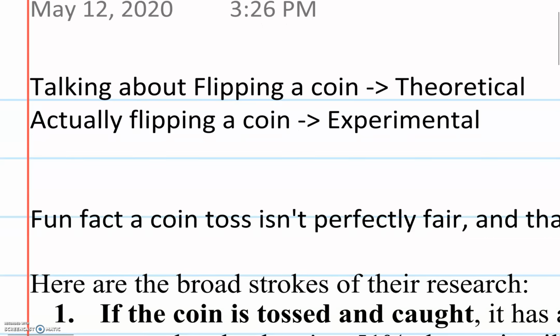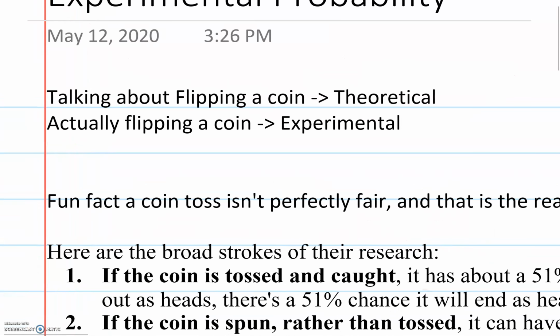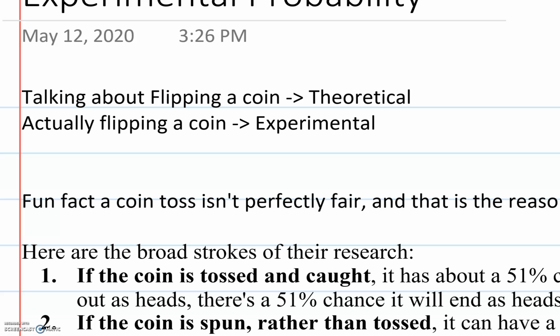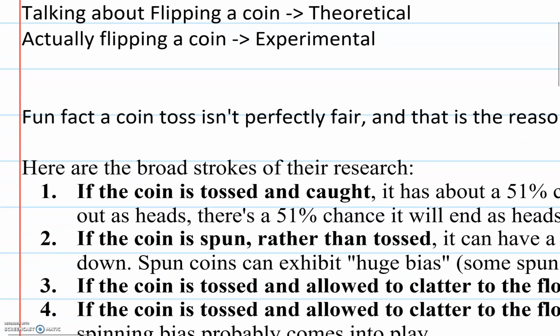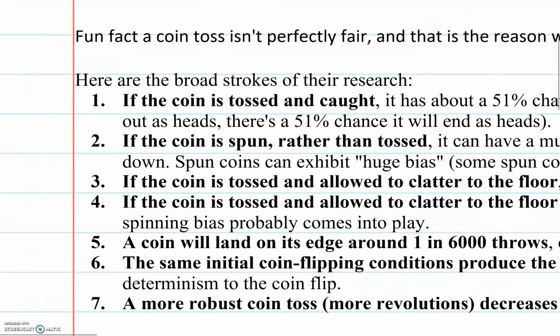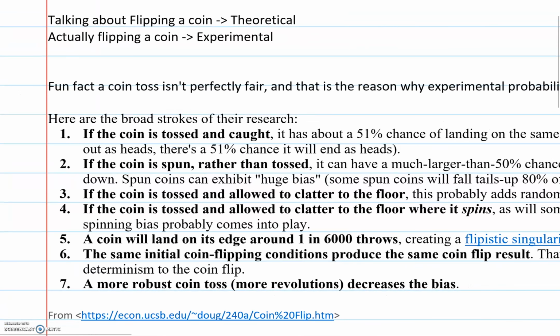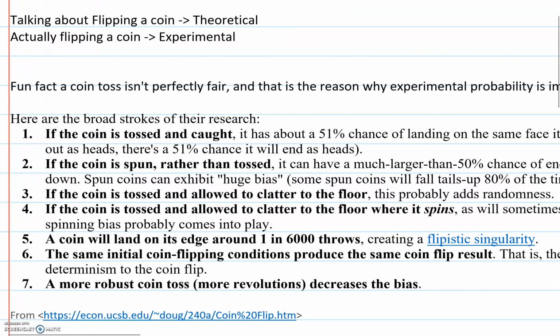So, talking about flipping a coin versus actually flipping a coin. And this is important because, fun fact, a coin toss isn't perfectly fair. Instead of being 50-50, like 50% chance, 50% chance, it's actually a lot closer to 51% to 49%. So heads is usually more likely, but there are some interesting facts here about different chances for doing different things.